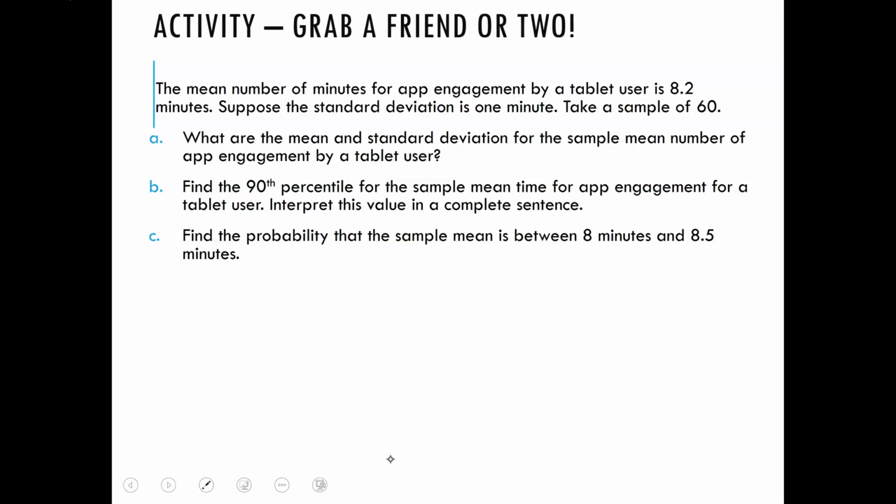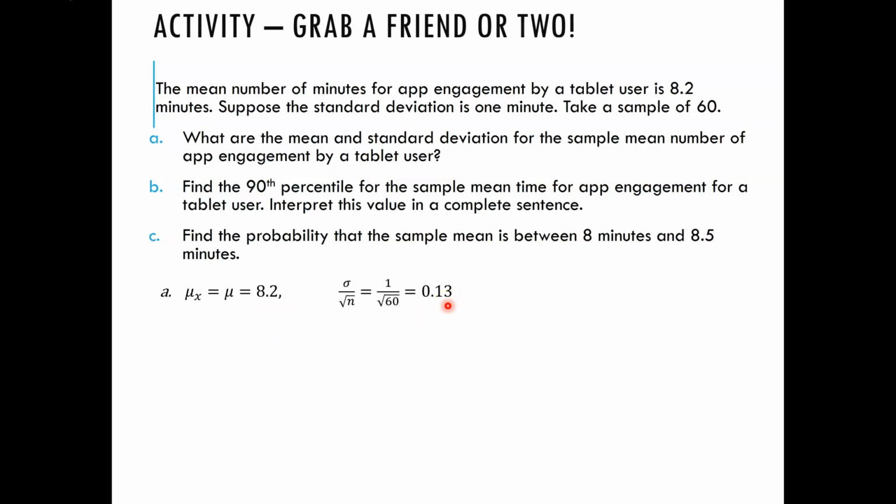So what's your mean? It's 8.2. Your sample size is 60. It's n. So our standard deviation then is going to be 1 divided by the square root of the sample size. So 1 divided by the square root of 60. All right, so now we've got our mean and our standard deviation.